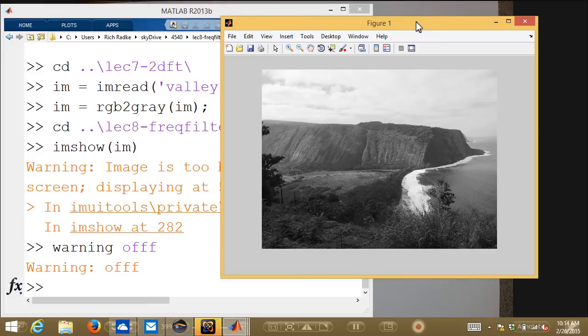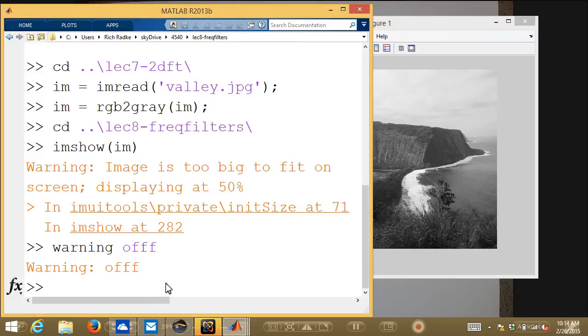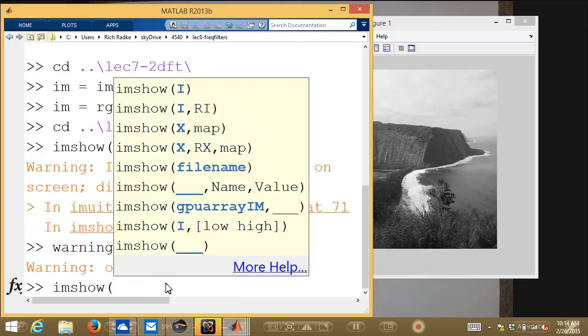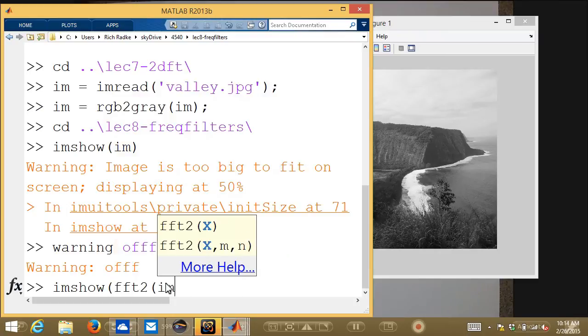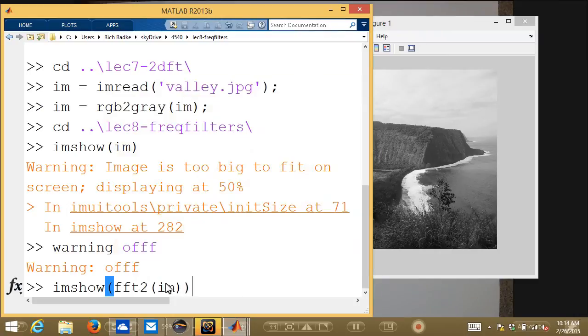And just like last time, I can look at the FFT of this image. We said there's a cascade of things that I do in MATLAB to make this visualization easier. First, I take the FFT2 of this image, and since it's a complex number, I take the absolute value of that.